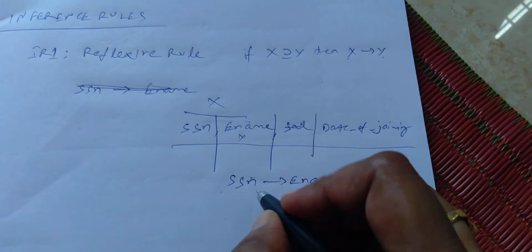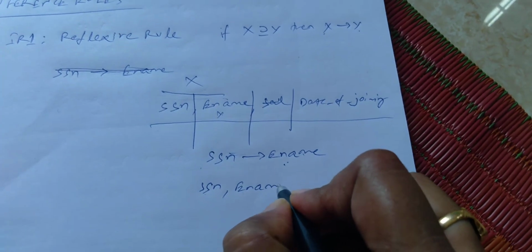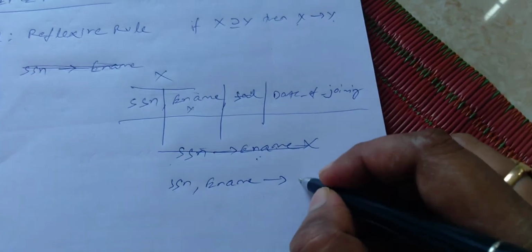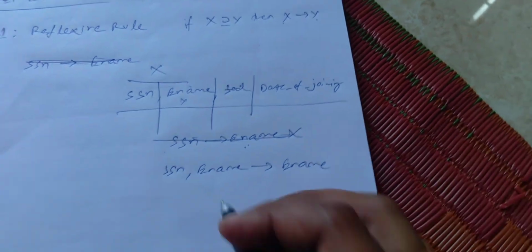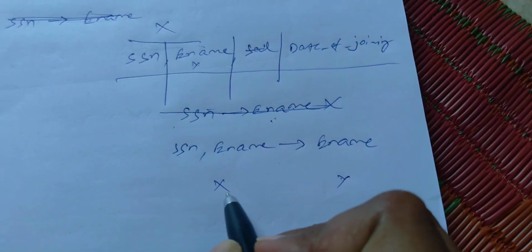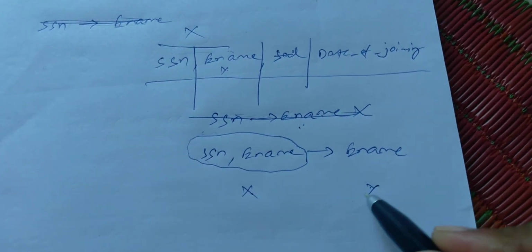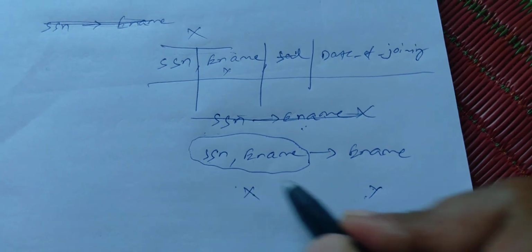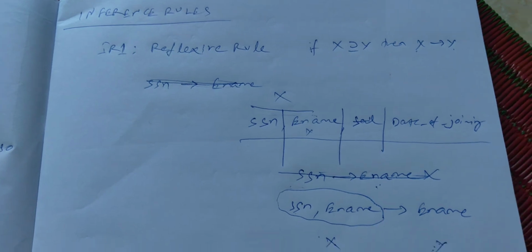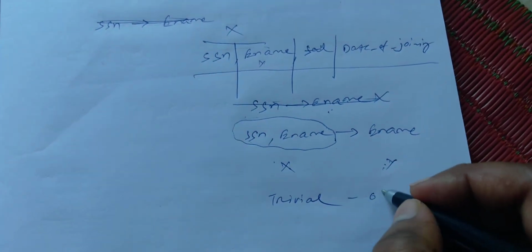You can write it better in this form: this is X, this is Y, but Y is a subset of X. That means X contains Y, so X can automatically derive Y. This is the reflexive rule. It is also called trivial. Trivial means obvious.